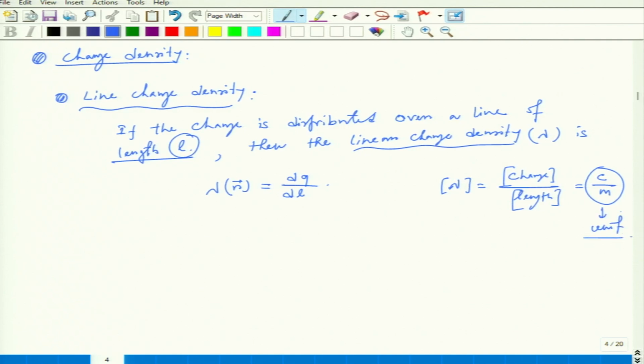Now we calculate the total charge by integrating over length.